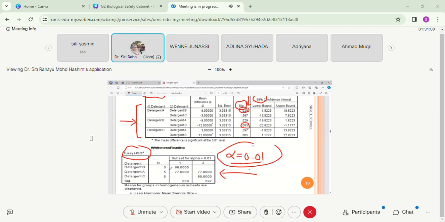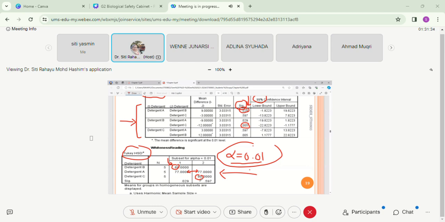So B and C, this is B, this is C. We can say that the whiteness reading for detergent C is significantly higher compared to the whiteness reading of detergent B. Whereas for detergent A, it does not differ from either B or C. Okay, the ones that differ are detergent B and C.